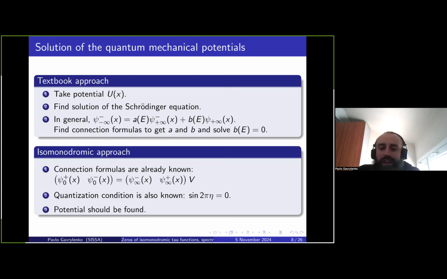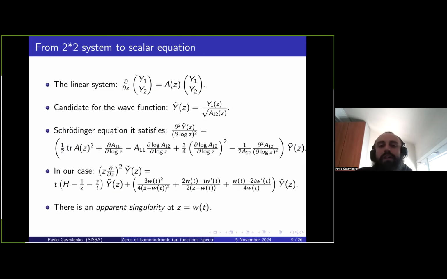So the only question is what precise problem are we solving now? Because this matrix is written for the 2 times 2 system, and a 2 times 2 system is not a second order equation. And we need to see what precise second order equation we get from that system. So it's kind of the most naive idea.